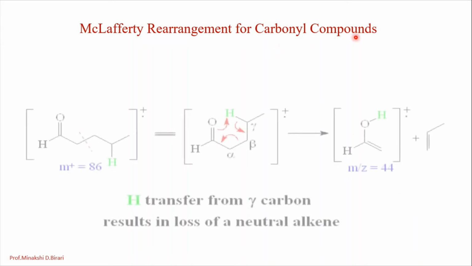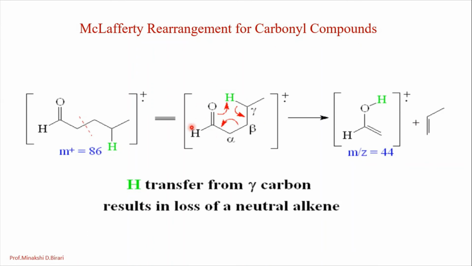Now let us see a few examples of McLafferty rearrangement. First of all, McLafferty rearrangement for carbonyl compounds. So this will be the example. Here, what happens? If we locate the position, this will be the carbonyl group. It is alpha, beta and gamma.